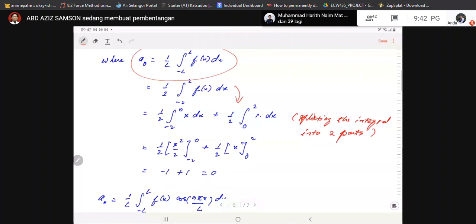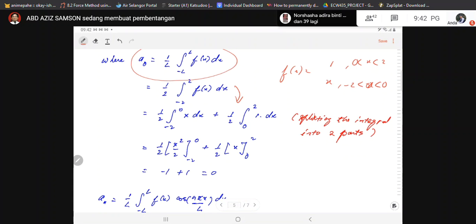So the integral is from -2 to 0 of x dx, and then the other one is a half times the integral between 0 and 2 of 1 dx, because we have f(x) defined as equal to 1 for x between 0 and 2, and then it will be x when x is between -2 and 0.